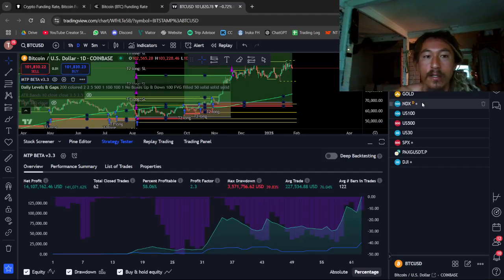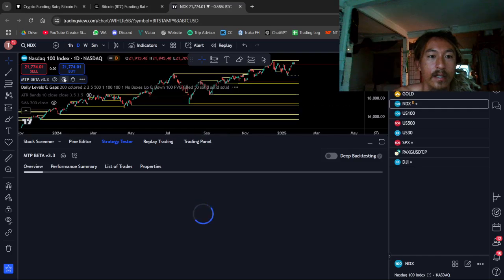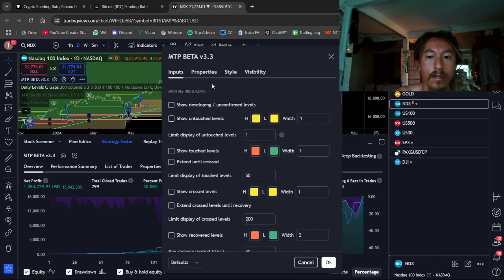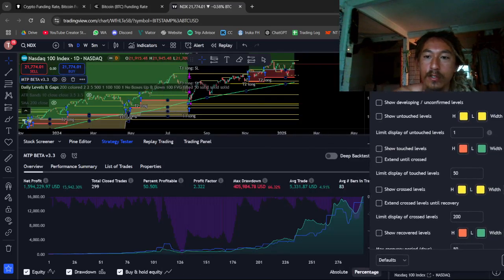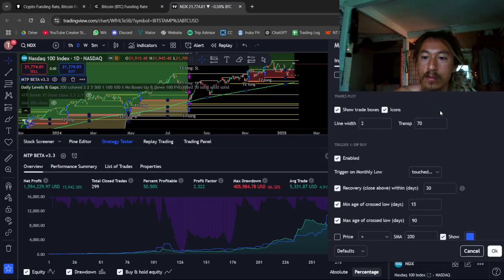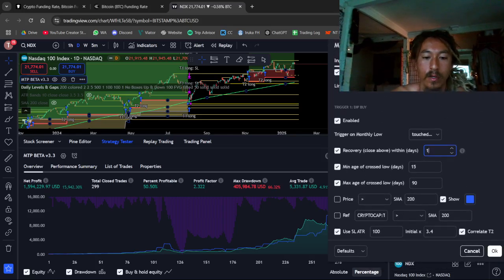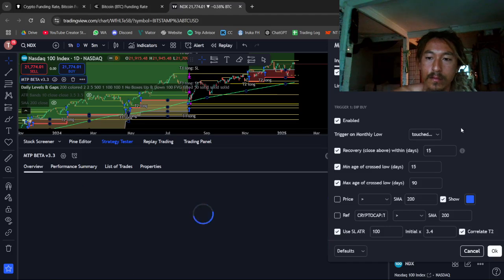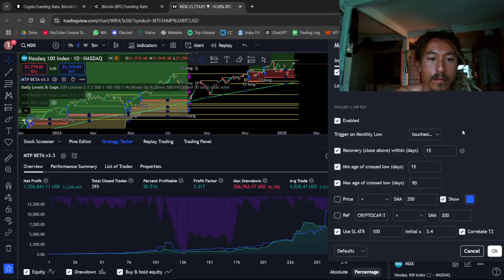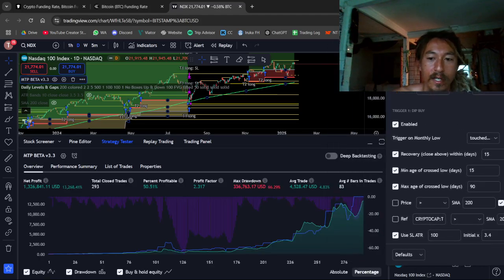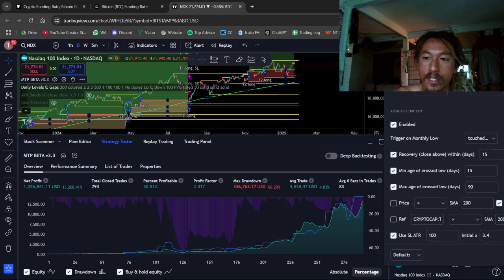Okay, yeah, 30. Now let's look at NASDAQ. It appears to improve things actually. So it was at 15 and it was at 13,000% return with a 66% drawdown.